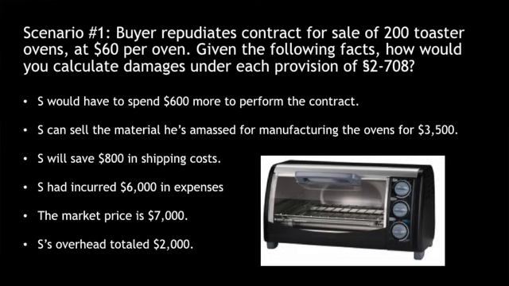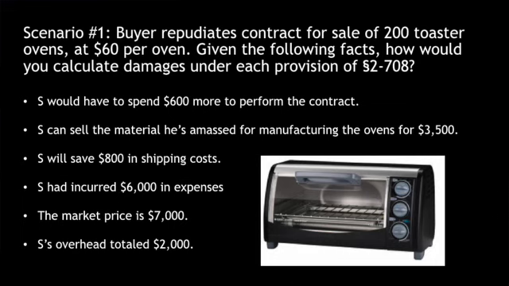Smergo has incurred $6,000 in expenses at the time of the breach. Smergo would have to spend $600 more to perform the contract, and Smergo has allocated overhead at $10 per oven, for a total of $2,000.